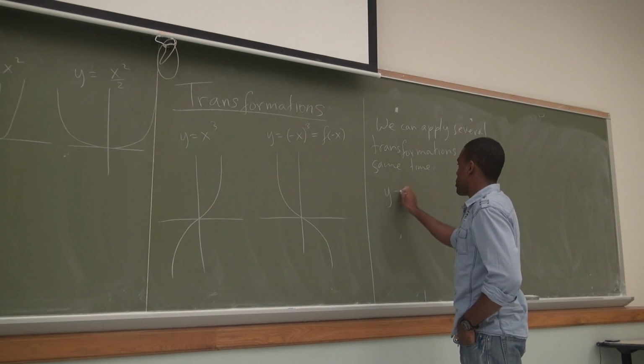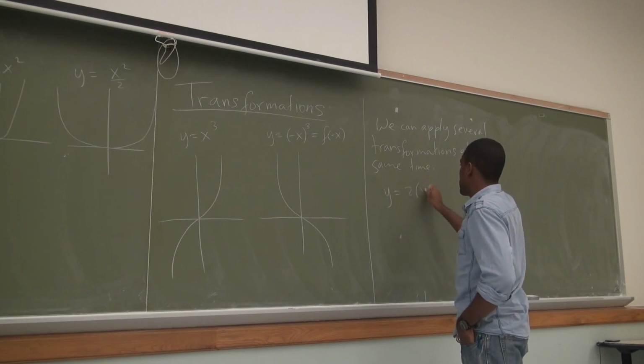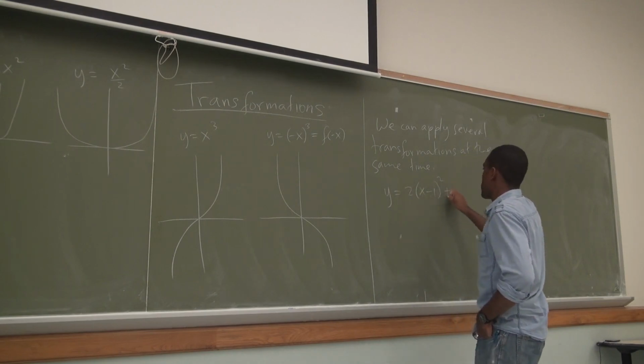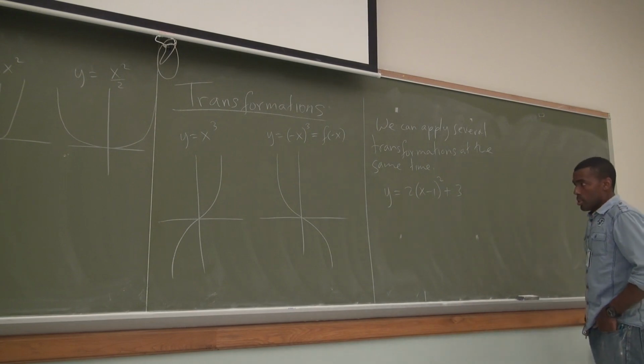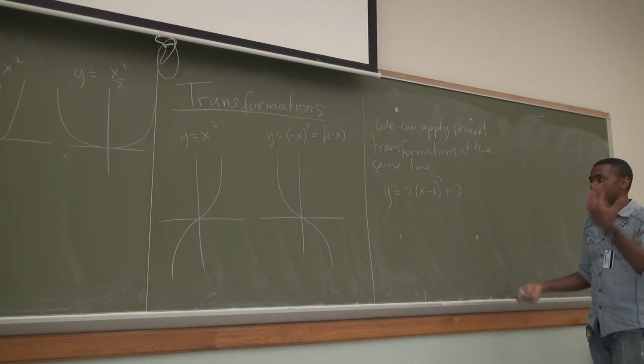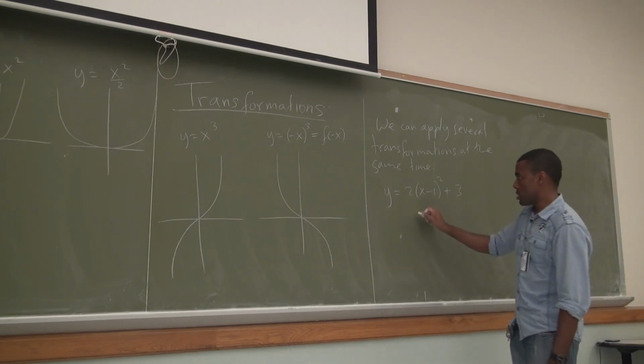Example, if I wanted to graph 2 times (x minus 1) squared plus 3, you shouldn't have to expand and then factor and try to figure stuff like that out. You just know that.